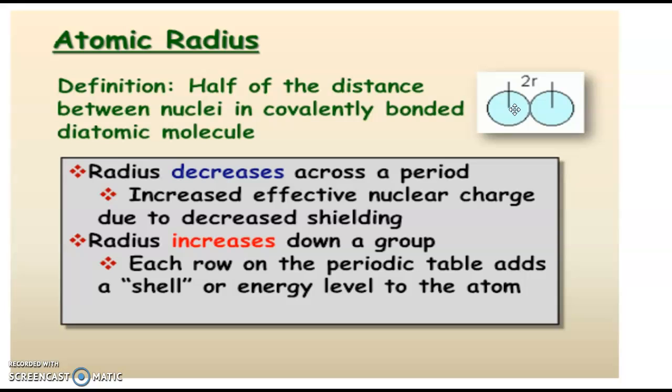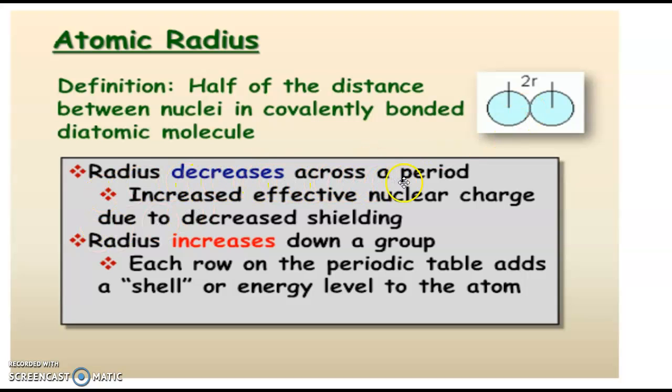So we are calculating the distance between the nuclei of a covalently bonded diatomic molecule. A covalent bond is nothing but equal sharing of electrons during bond formation. So we get 2R, and dividing it by 2, half of the distance is our atomic radius.